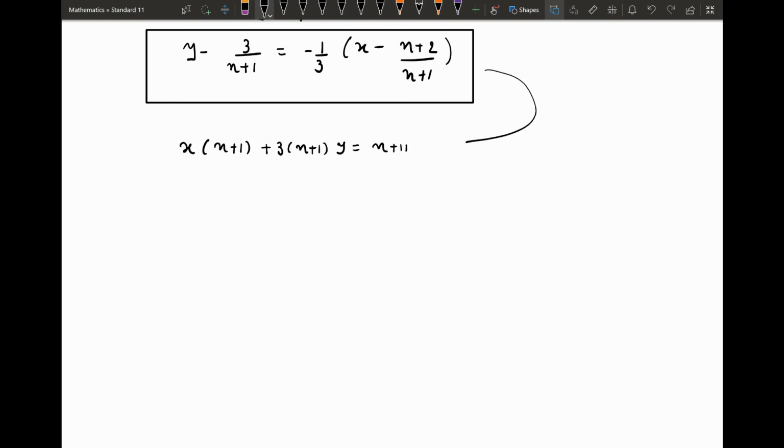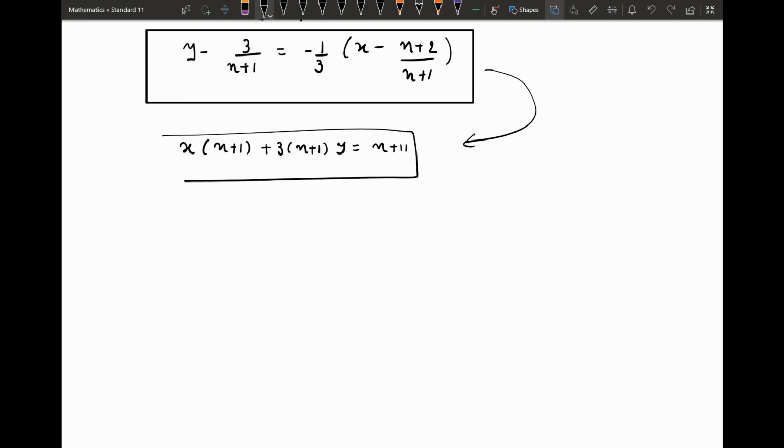If you simplify, you will get as an answer x into (n + 1) plus 3 into (n + 1) into y equals n plus 11. Just first you take LCM and then you take cross multiplication. You will get the required answer.